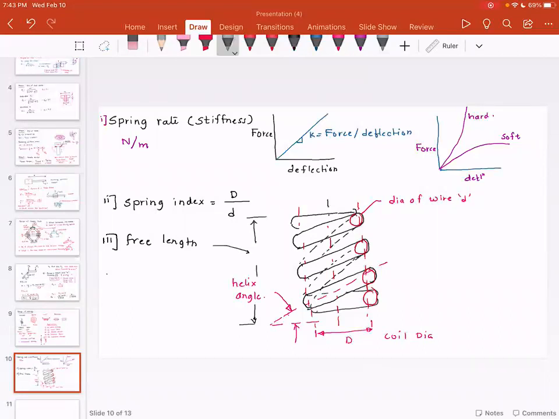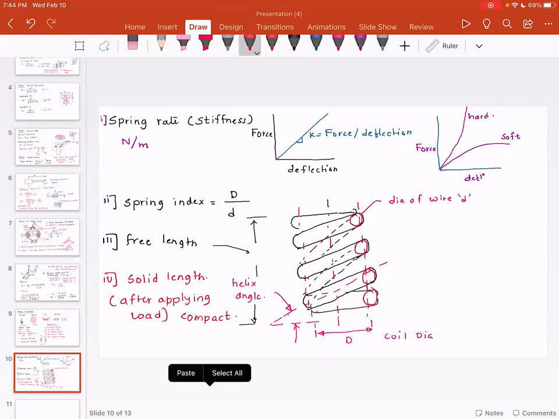Now, when you apply the load, you have the solid length, which is after applying load, the spring gets compact. So this is the load.